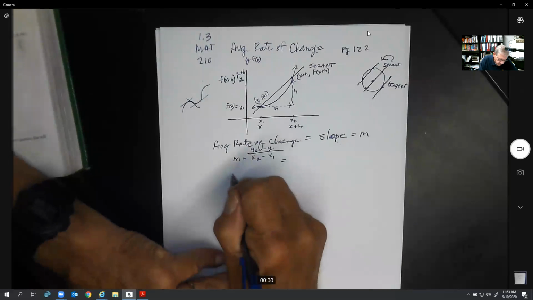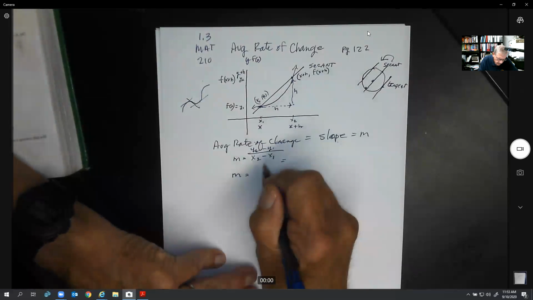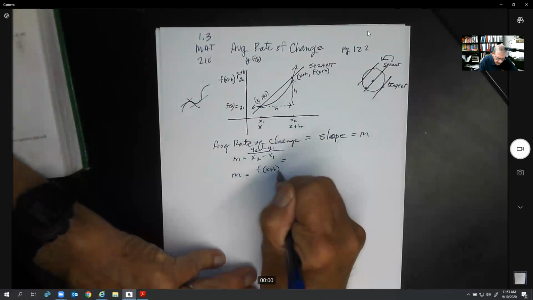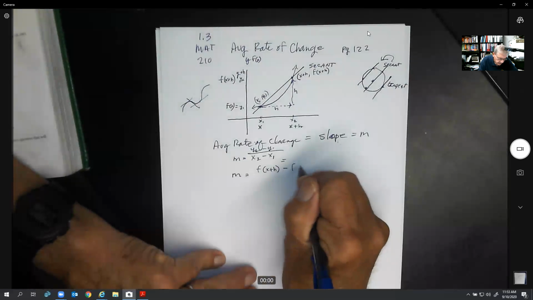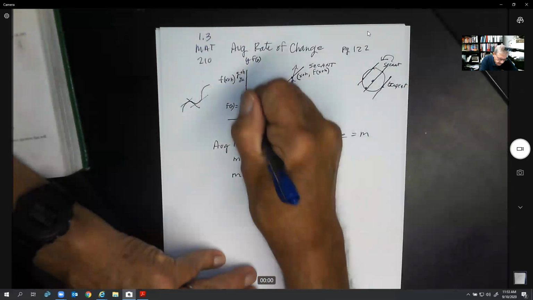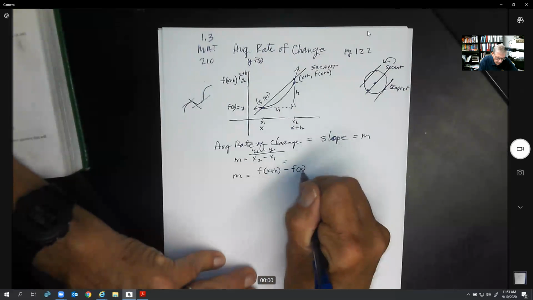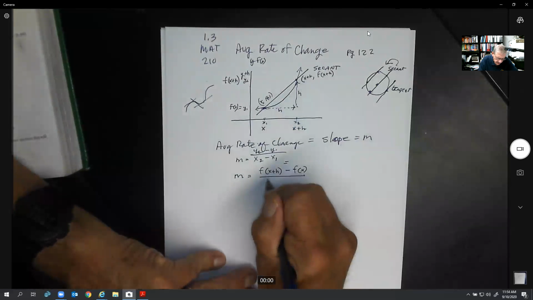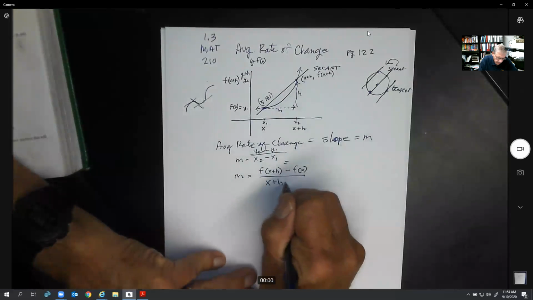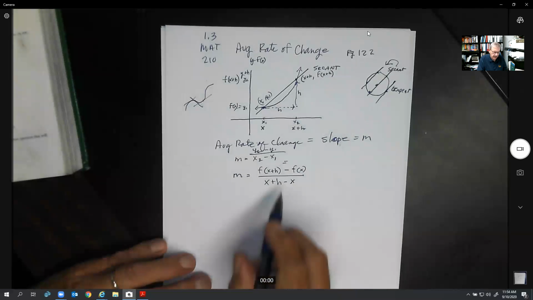Okay, so let's define our slope. Let's make this a little bit bigger. Y sub 2, f of x plus h, minus y sub 1, f of x, over x sub 2, which is x plus h, minus x sub 1.